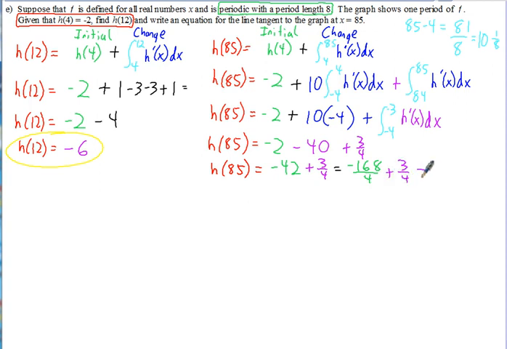Plus 3/4 gives you negative 165 over 4. So that's our y coordinate at 85. So what we've just found is the point of tangent. So we know h of 85 is negative 165 over 4. The point of tangent C.